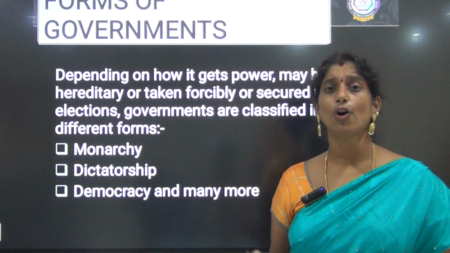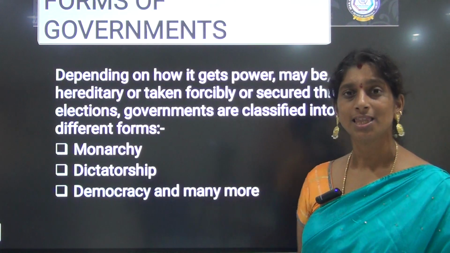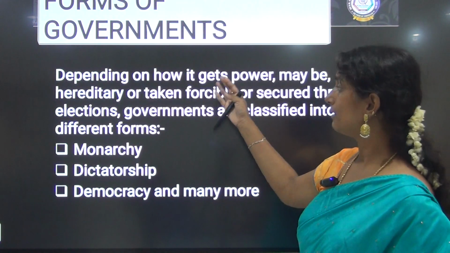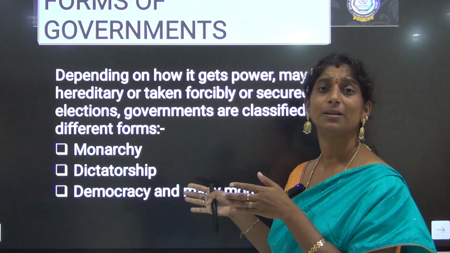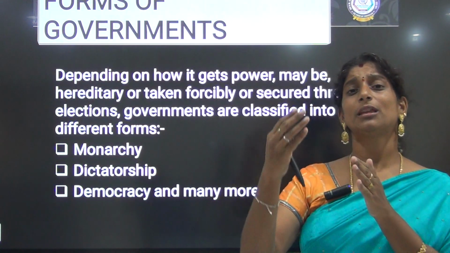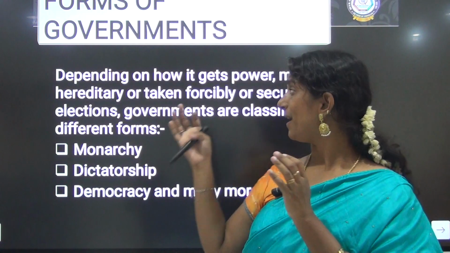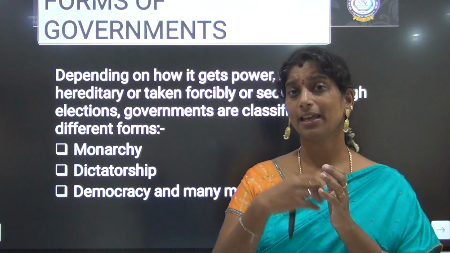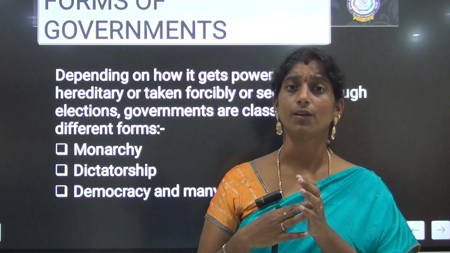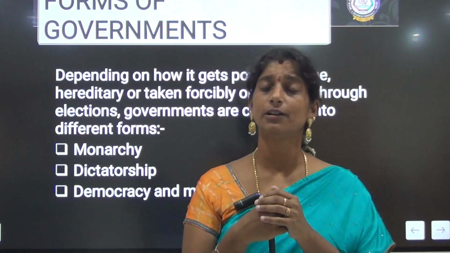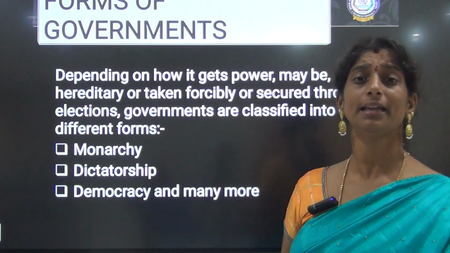Based on the forms of government, we have seen this earlier, how are these governments being derived? Based on the power they get, whether it might be hereditary, or taken from someone forcefully, or given by the people.